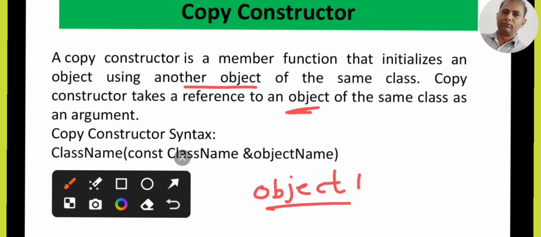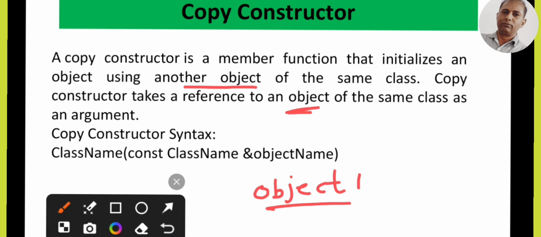So what is the syntax for generating the copy constructor? We write the name of the class, again we use the const keyword. Sometimes we may not use the const keyword, then we write the class name, then the reference operator ampersand, then the name of the object which is previously generated.